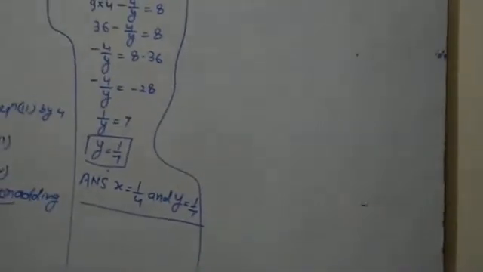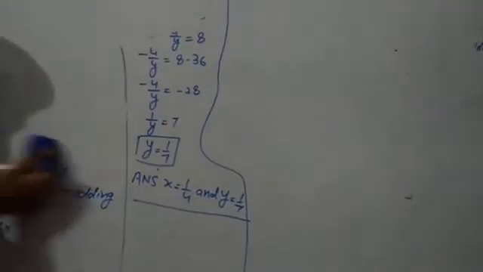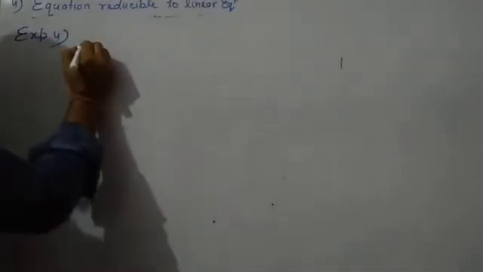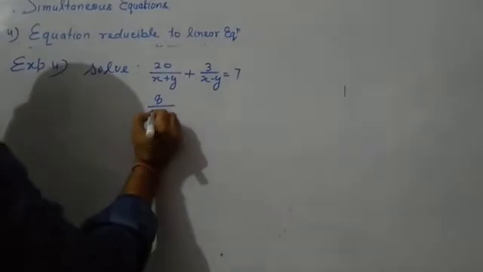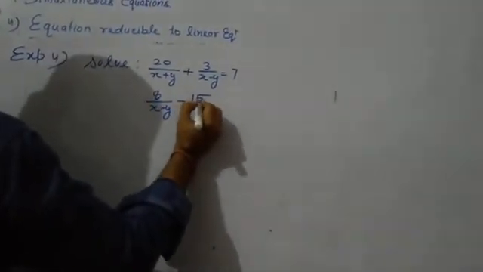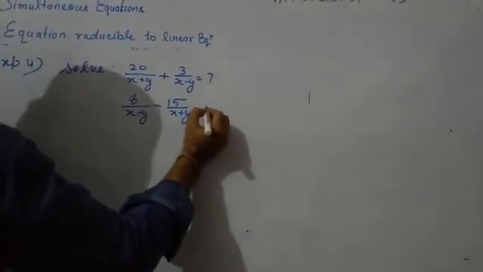Example 4. Write down this now. Solve 20 upon x plus y plus 3 upon x minus y equal to 7 and 8 upon x minus y minus 15 upon x plus y equal to 5.